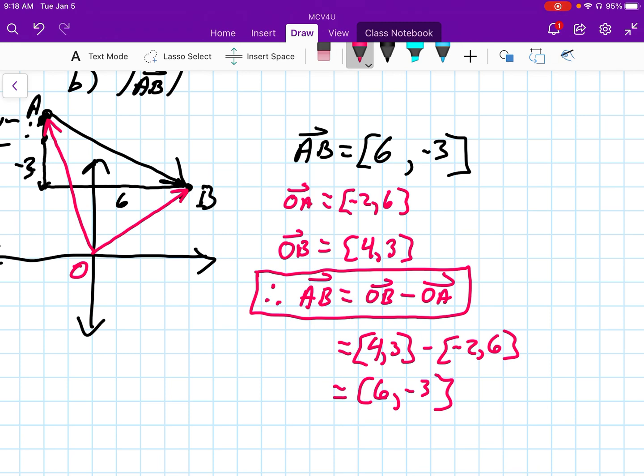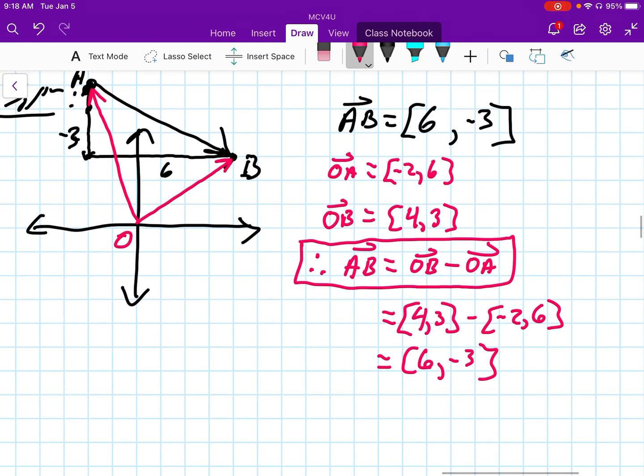The other thing we can look at here is the magnitude of the vector itself. How can we take this vector 6, negative 3 and find out what the magnitude is?